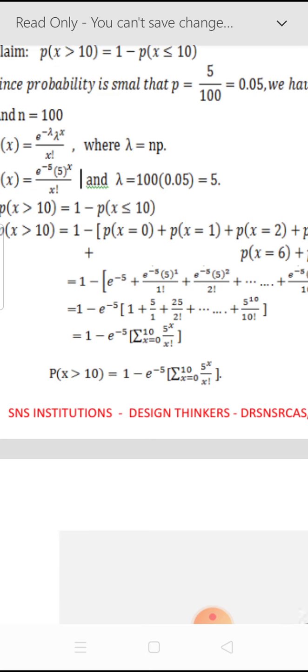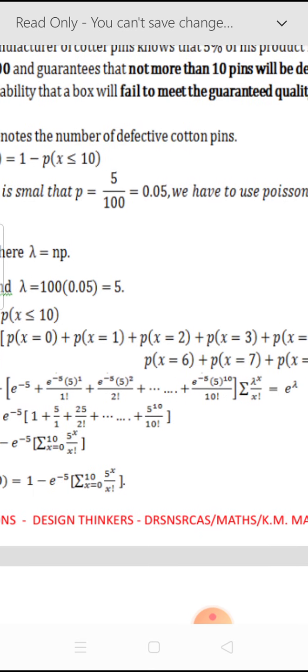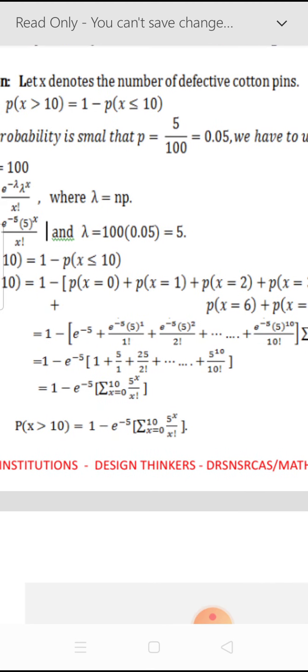So hence we have found that the probability that his guarantee will fail to meet the guaranteed quality is probability of x greater than 10, equal to 1 minus e power minus 5 into summation x equal to 0 to 10, 5 power x by x factorial.